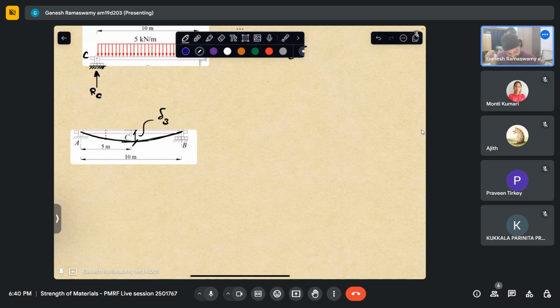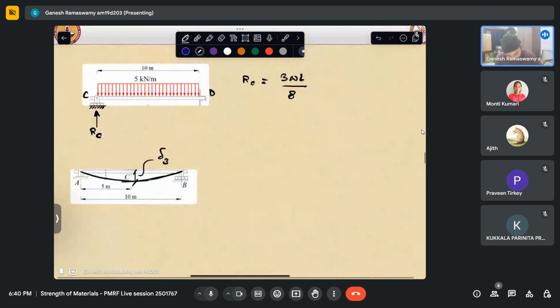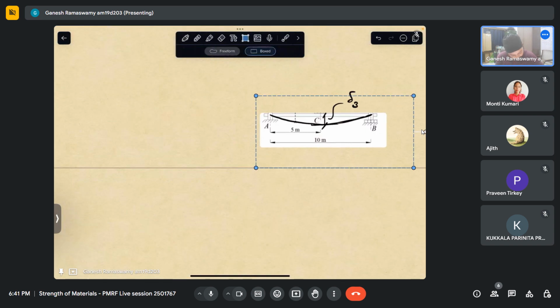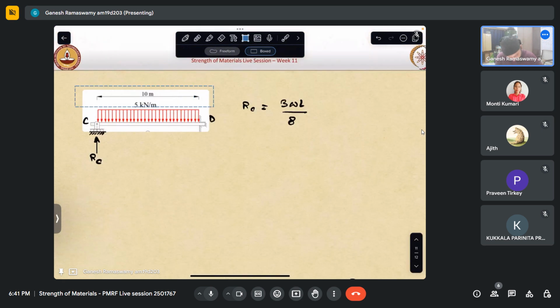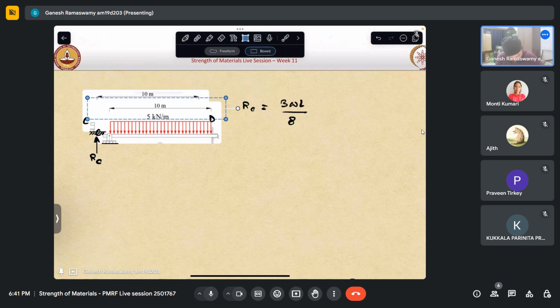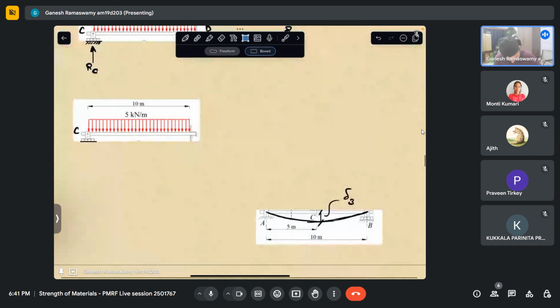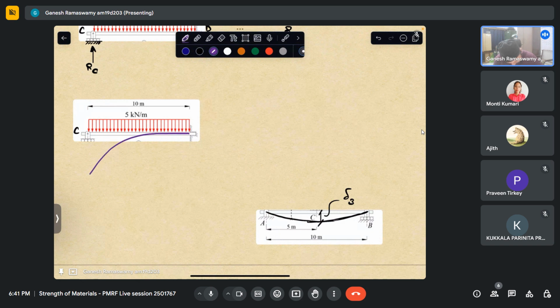And we already know for this beam, if this doesn't sit on the prop, the actual deflection will be something like that.